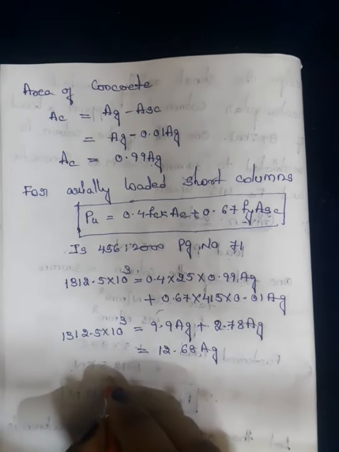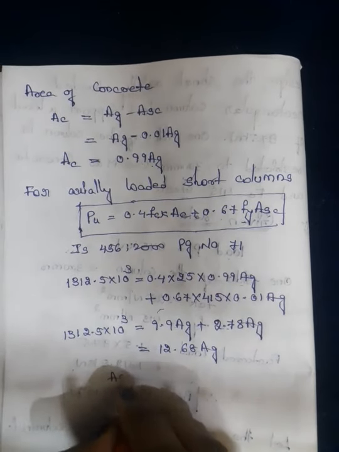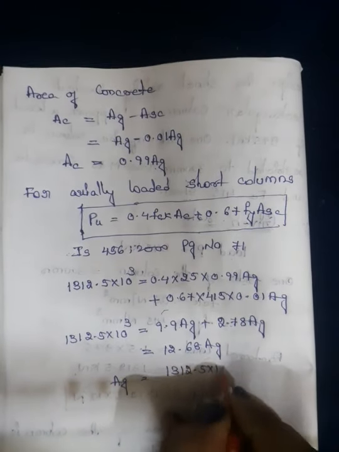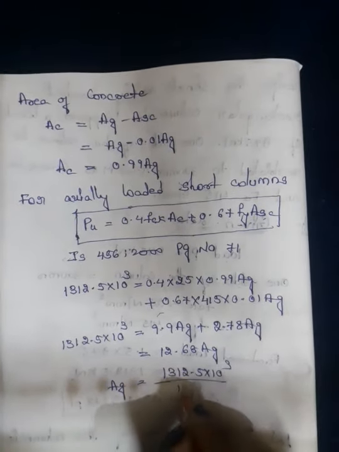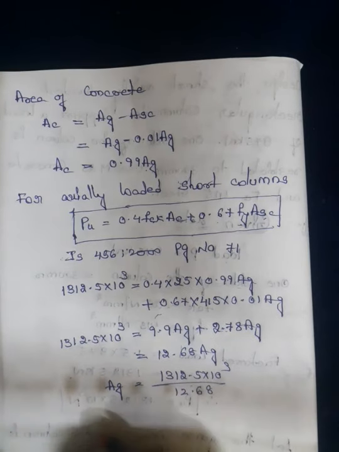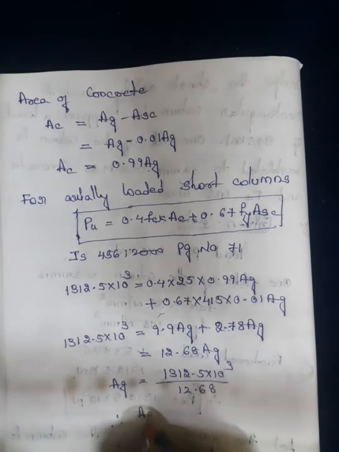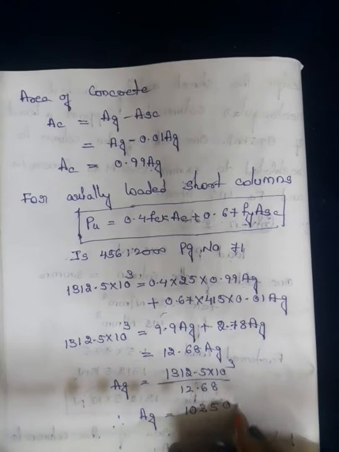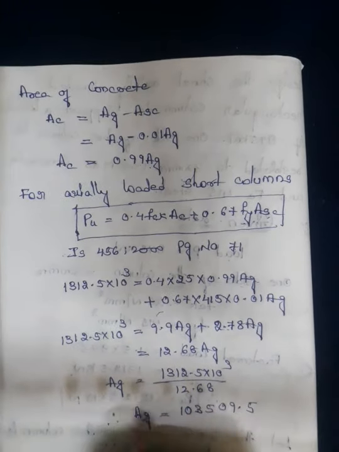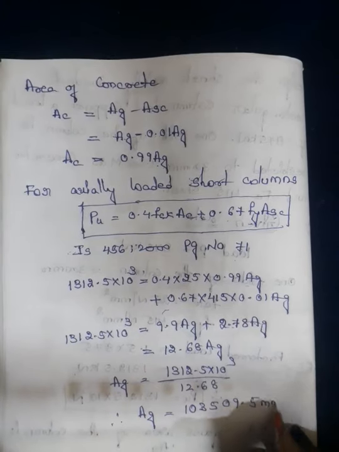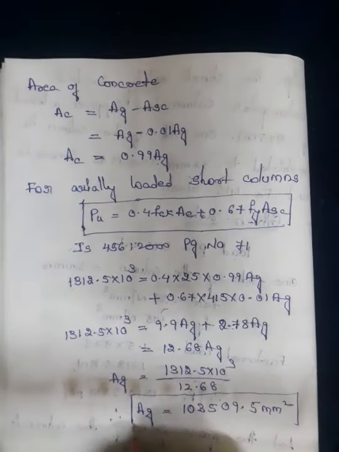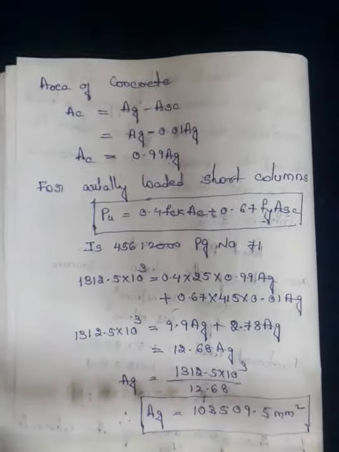So we want the AG value. AG is equal to 1312.5 into 10 cube by 12.68. Therefore AG equals 103,509.5 mm square. This is the gross area of the rectangular column.